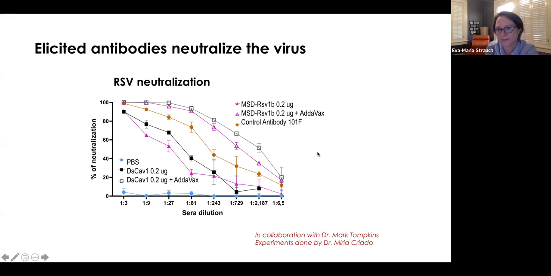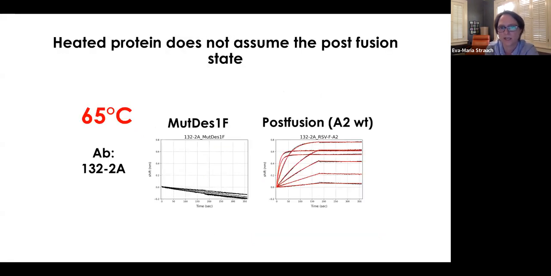for stabilization. And so the thing is, when something works, then you want to know, well, we know the melting temperature. Does it still bind the post-fusion state? I mean, a multi-state design shouldn't really allow the post-fusion state anymore, and that's exactly what happens.